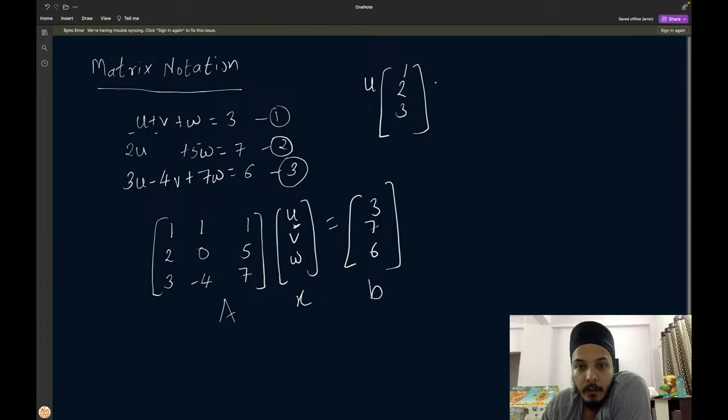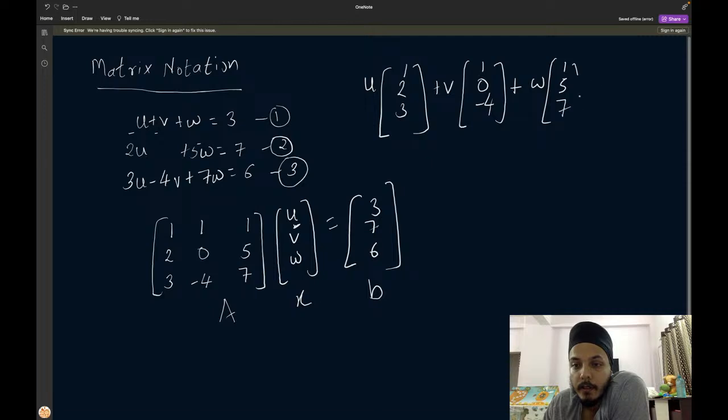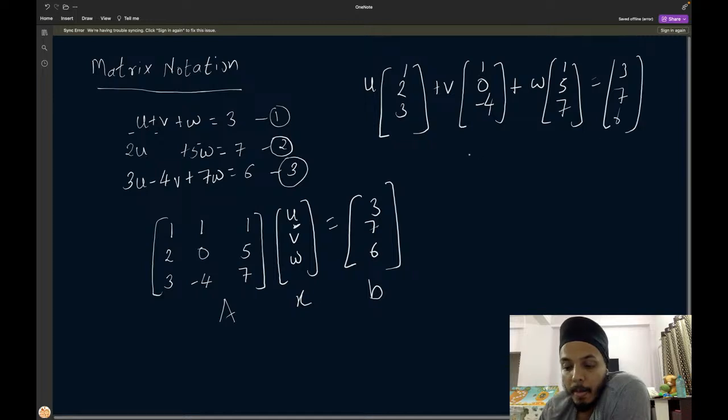Now you can add v by multiplying it to the second column, that is 1, 0, minus 4. Now u, v, and last is w, it will be 1, 5, 7. So this will be nothing but our matrix 3, 7, and then 6.